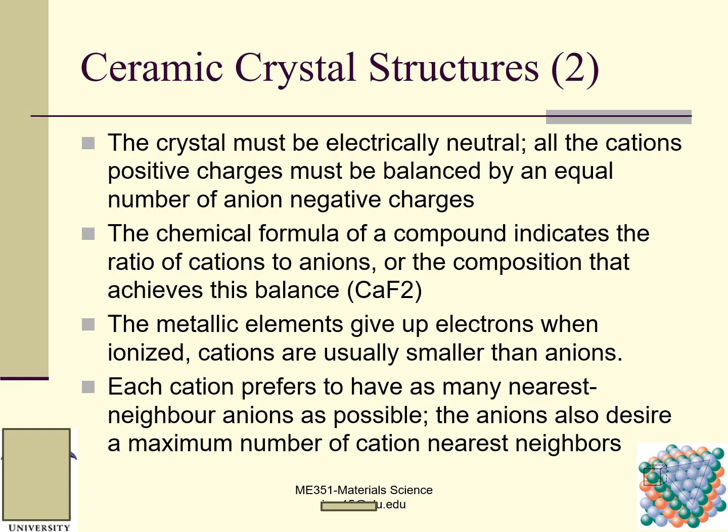The metal atoms are usually smaller than the non-metal atoms. And each cation prefers to have as many nearest neighbor ions as possible. The anions also desire a maximum number of cations as nearest neighbors.